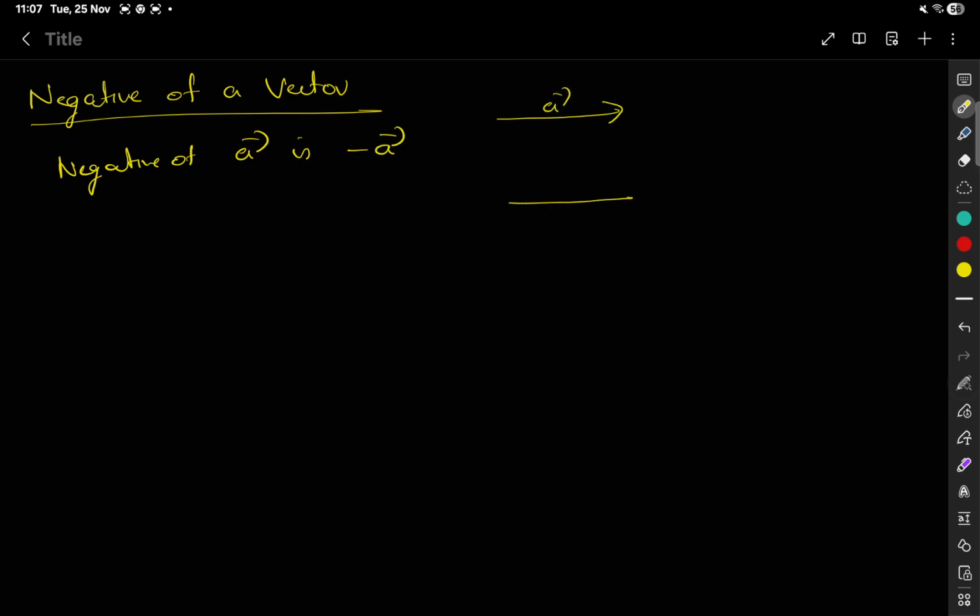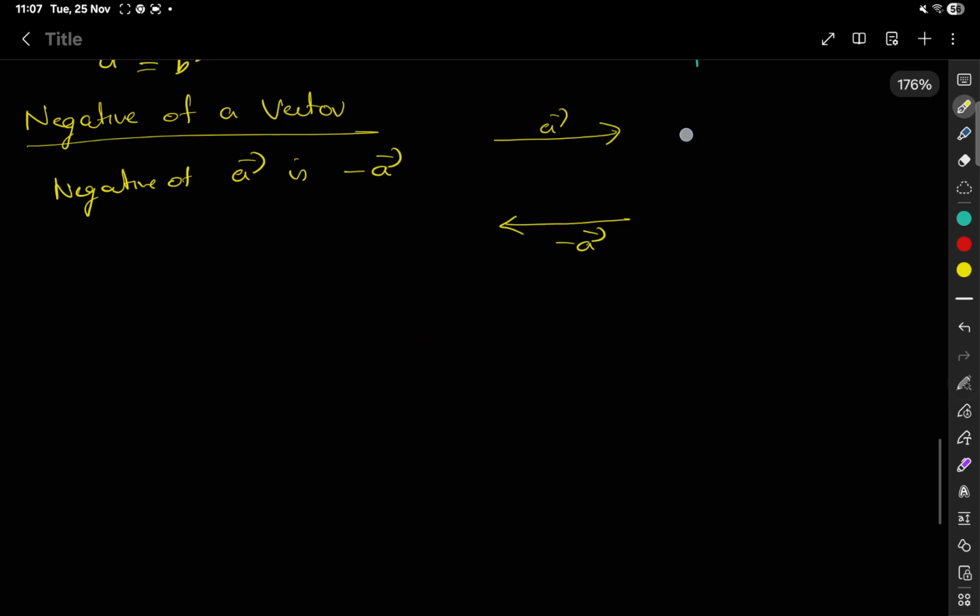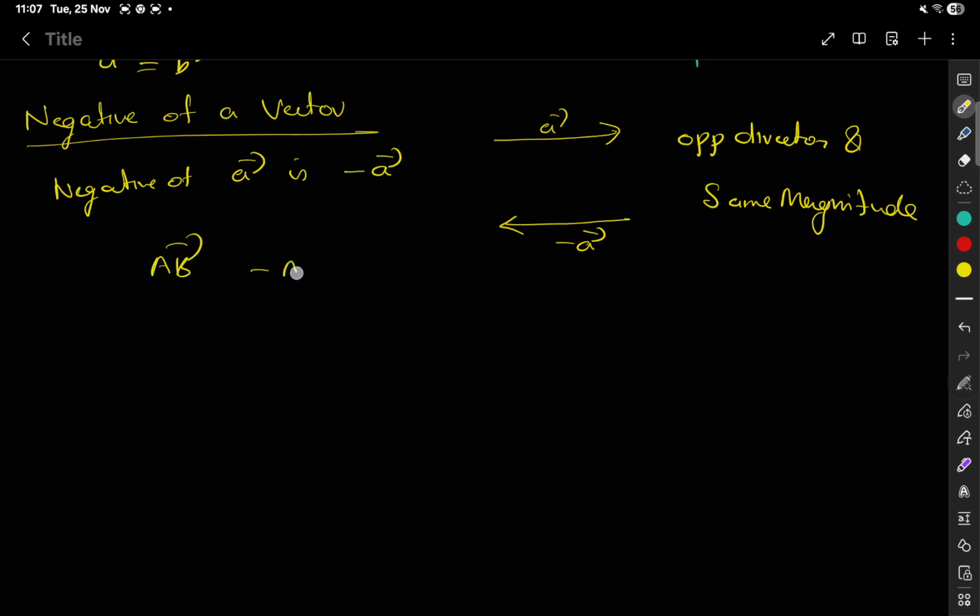No. We have the opposite direction and same magnitude. I can also say that AB, its negative will be minus of AB, and minus of AB can be written as BA. So what is negative of AB? I can say minus AB or I can say BA.